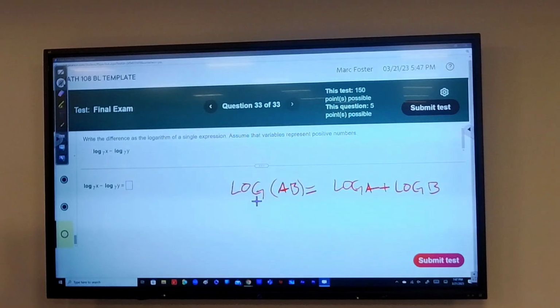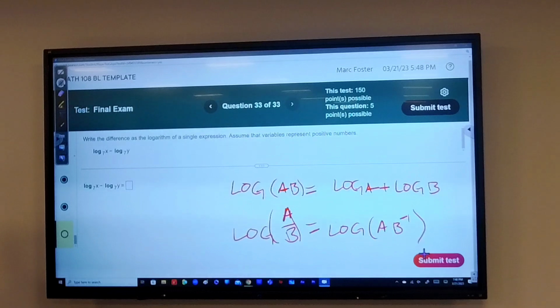So would it be log base 7 of parentheses x minus y? No. Because look at what happens here. This doesn't say a plus b, it says a times b. Right? So if here I had a over b, then over here my a over b would need to get converted to log of a times b to the minus 1.